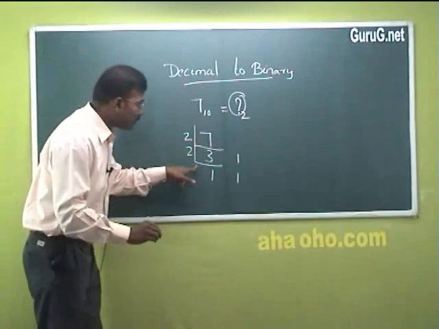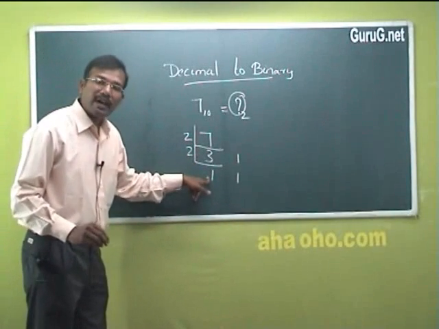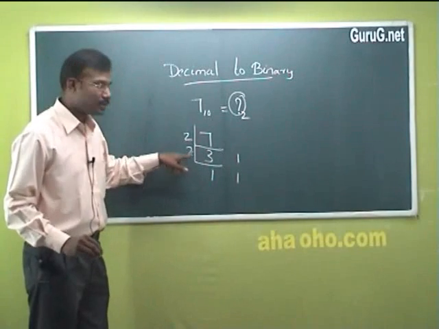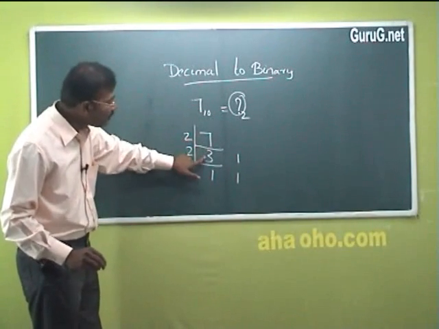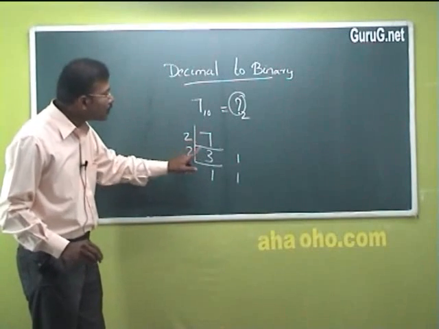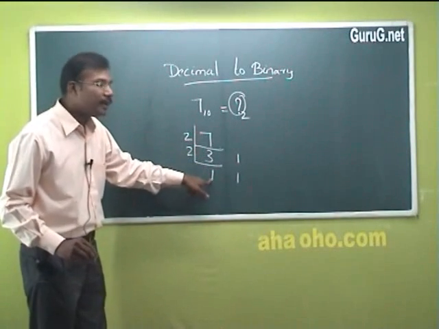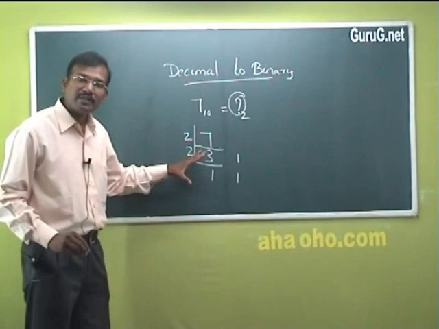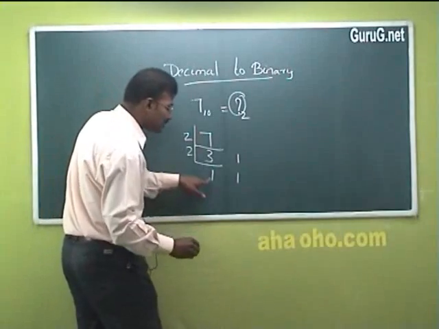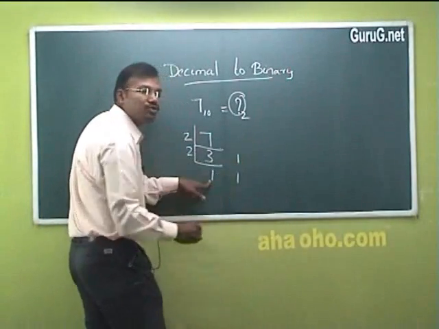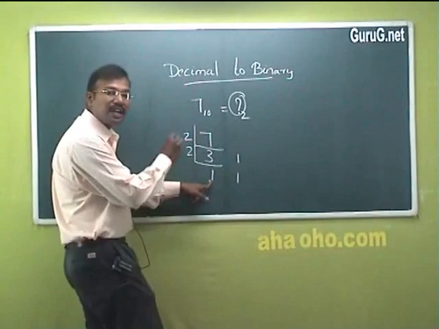Now, further you cannot divide this particular value by this 2. See, when you divided this 7, you got the quotient as 3. When you divided 3 by 2, you got the quotient as 1. Now you are not able to further divide this particular number. Now what you need to do, you have these values, this is the quotient and these are the remainders which you have got for this division at various levels.